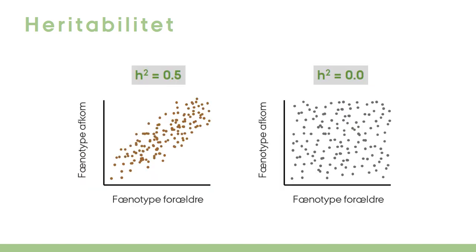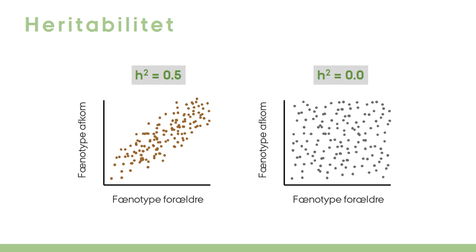Okay, so here, this is just a small illustration of what it would look like. What does heritability look like when we compare the phenotype of the parents to the phenotype of the offspring? When we look at the left graph, we have a heritability of about 0.5, and what you see is that parents that are way to the right with a high phenotypic value often get offspring who also have a high phenotypic value.